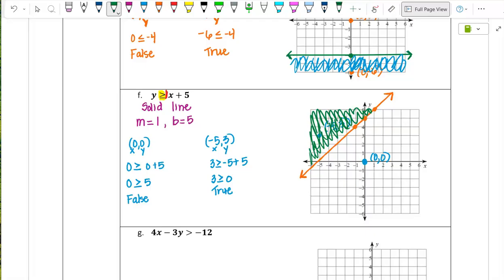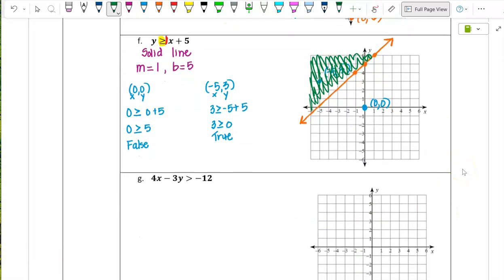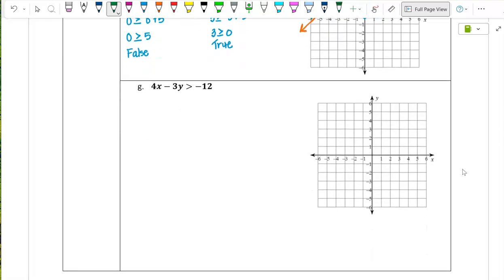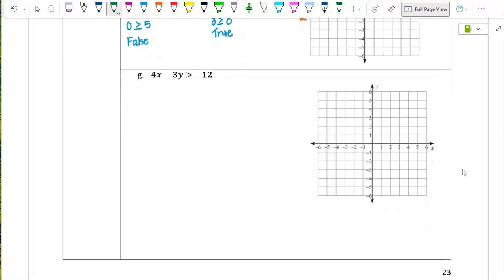All right, so up till now, all of our equations or inequalities have been in slope-intercept form. Now we get to problem G here. 4x minus 3y is greater than negative 12, and that is not the case.